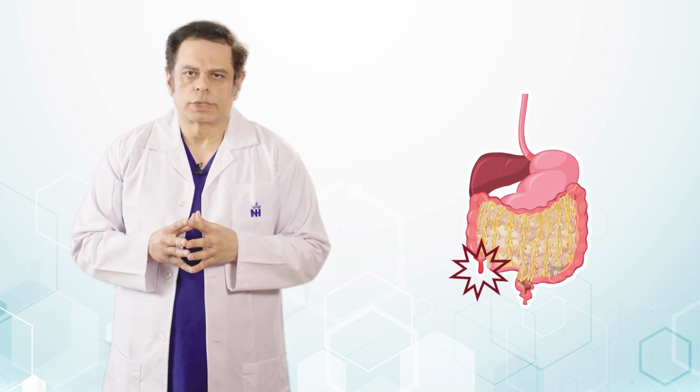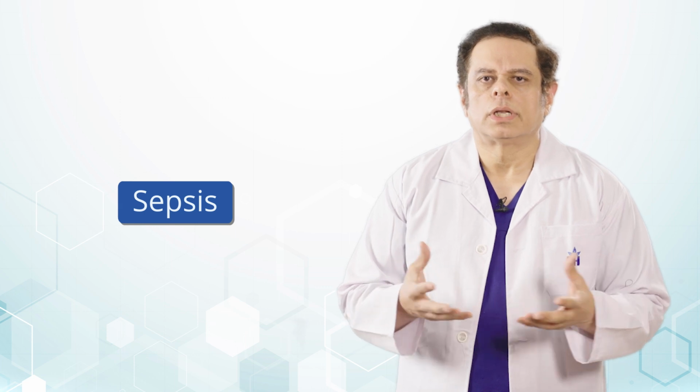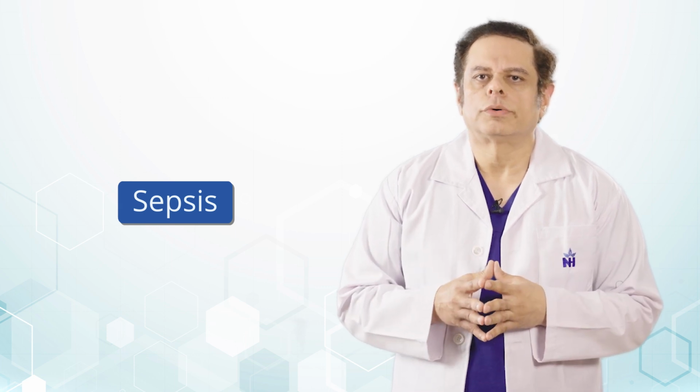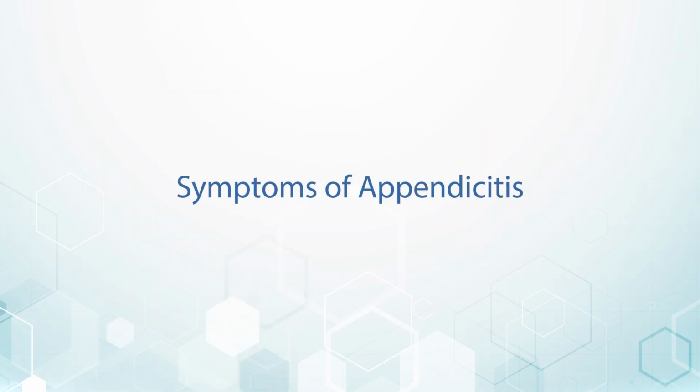Even if the appendix bursts, it causes a localized inflammation. It doesn't spread to the entire abdomen. In kids, that is not very well developed and it can spread to the entire abdomen, and patients can get into sepsis very early because there is a large area of absorption of the bacteria. Once the appendix bursts, the stools will start leaking into the cavity of our abdomen.